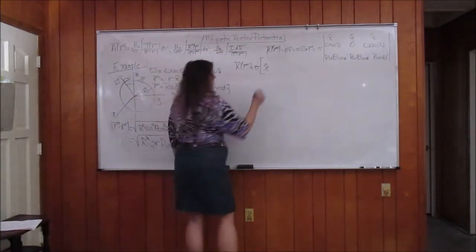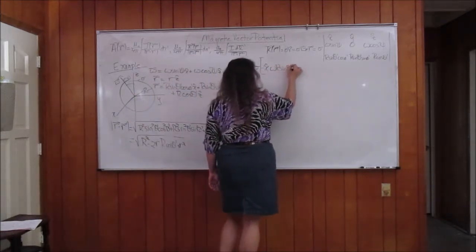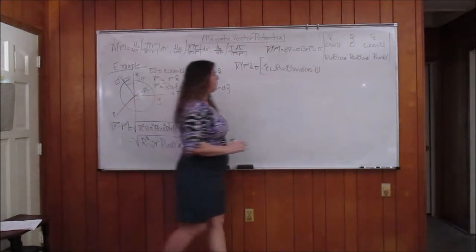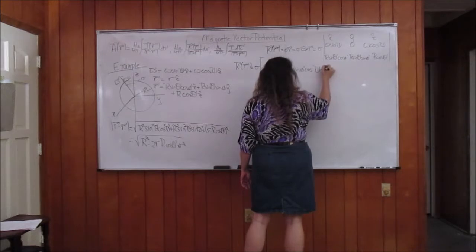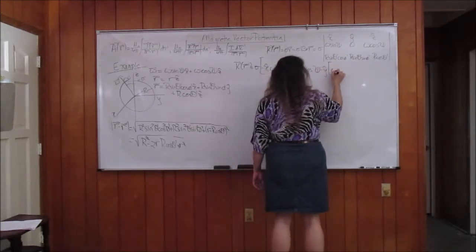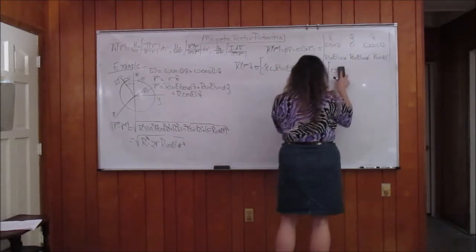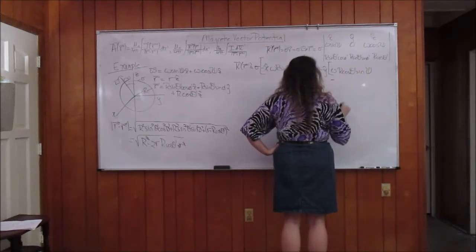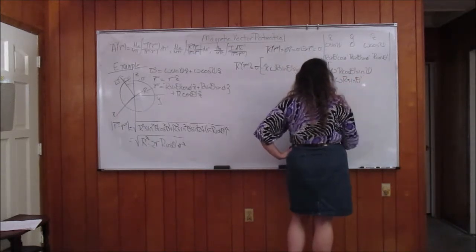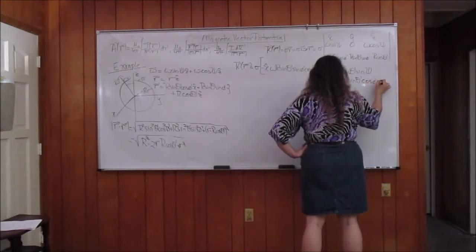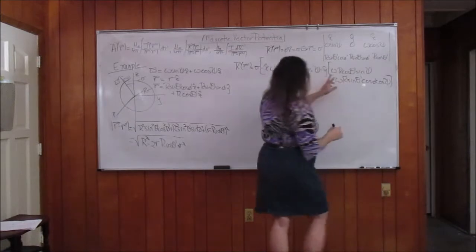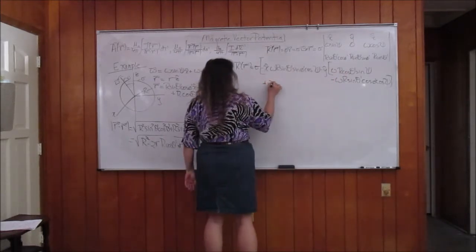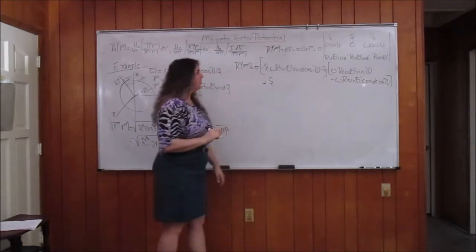In the x direction, we have minus omega r sine theta prime sine phi prime cosine psi. And finally, in the z direction, we only have one term.